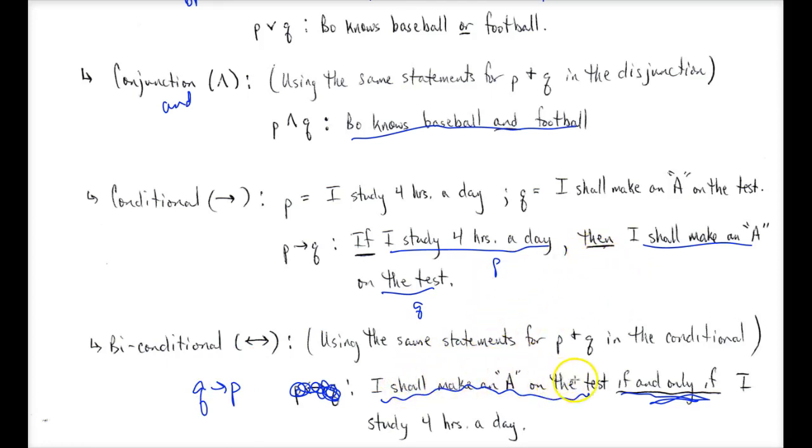I shall make an A on the test if and only if I study 4 hours a day. Okay? Of course, we named I shall make an A on this test as Q, and then I study 4 hours a day as P. So that's how we actually take the word connectives and form sentences with them.